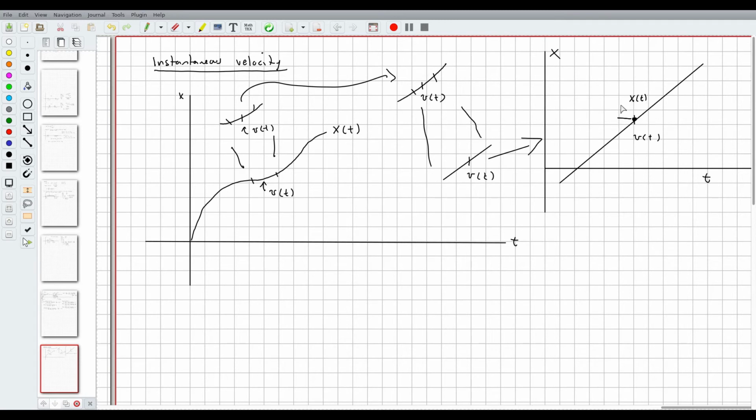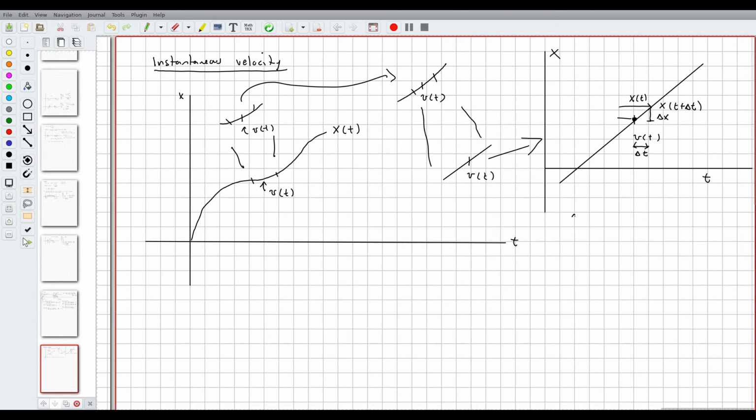Now I'm going to look forward just a tiny, tiny instant in time right here. This is going to be just a small little itty bitty smidget of time in front. We'll call it delta t. So from here to here in terms of time, that's delta t. From here to here in terms of position, that's delta x.